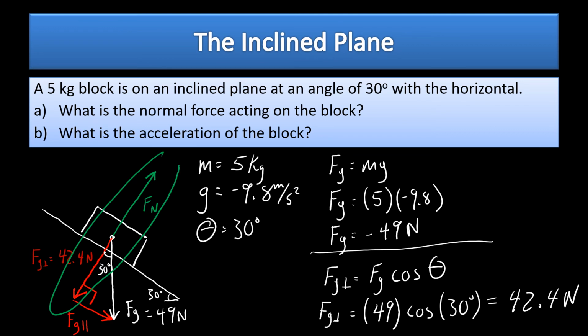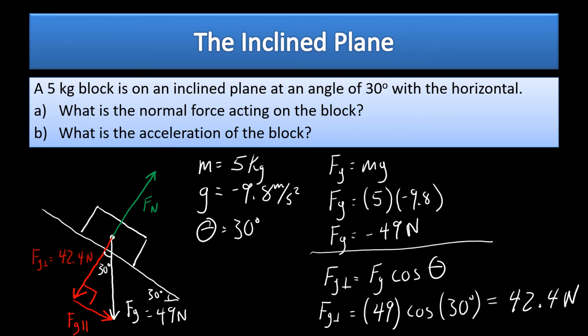These two forces are in equilibrium, and I know that because the block is not accelerating through the hill and it's not accelerating off the hill. It might be accelerating down the hill, which is caused by this component of the weight. But we know that these two are equal to each other.